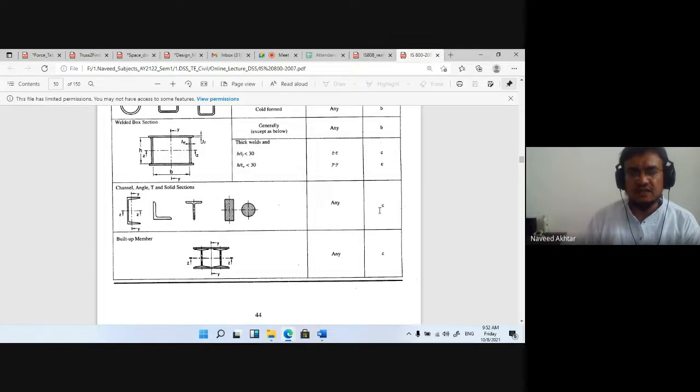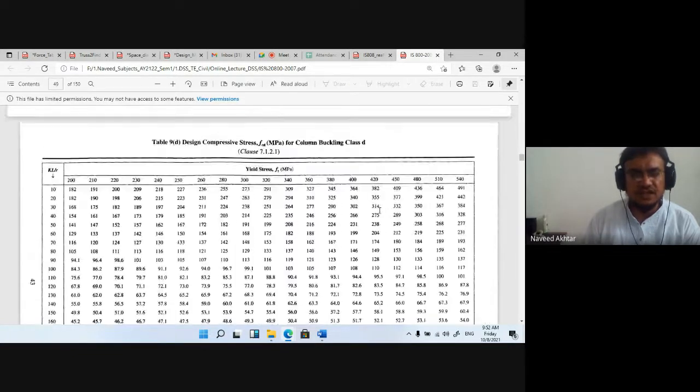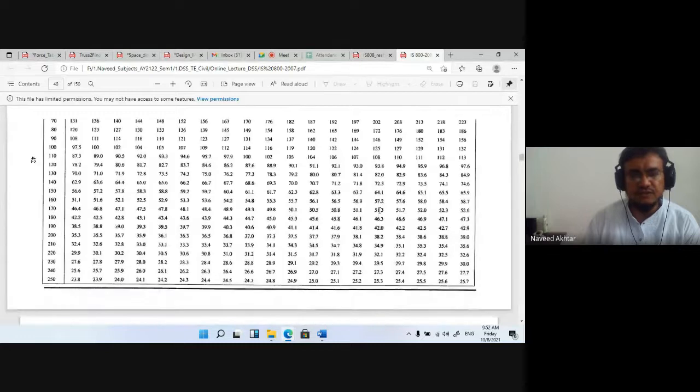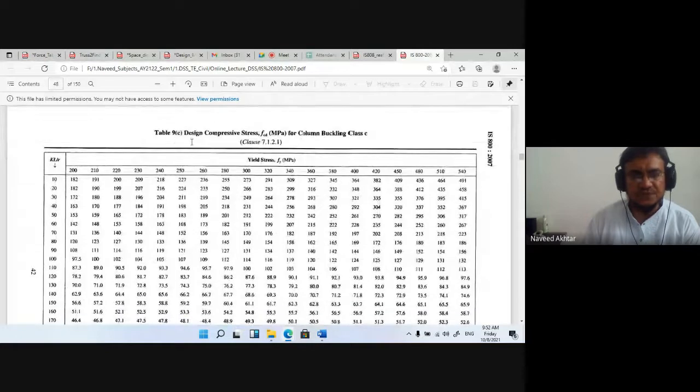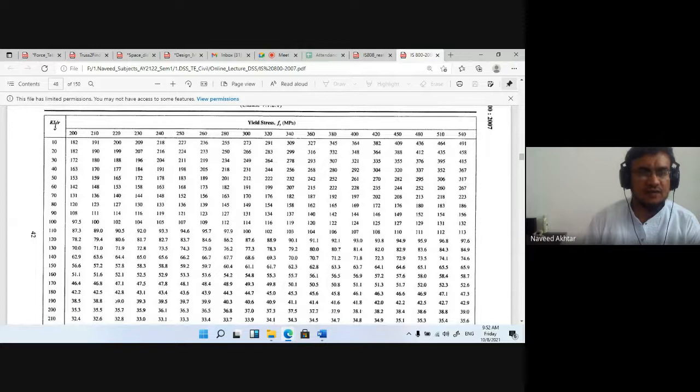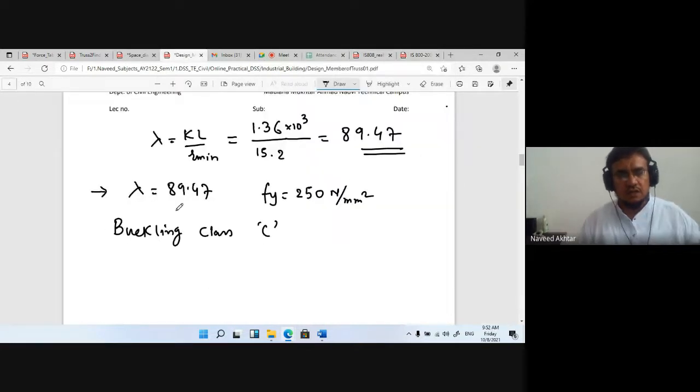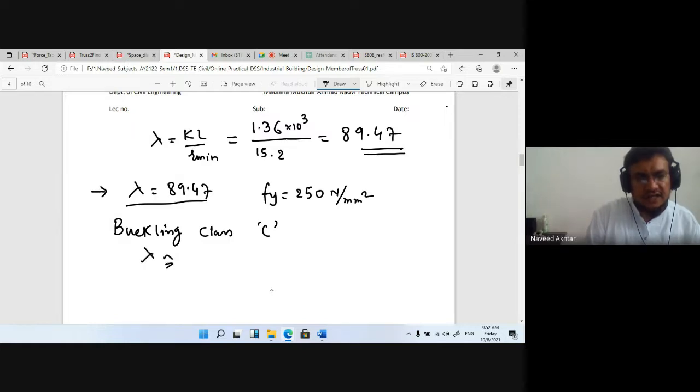To find the FCD, the design compressive stress for buckling class C, use Table 9C: design compressive stress FCD for column buckling class C. We know lambda, that is KL by r, and we know Fy, so you can calculate FCD. Our lambda is 89.47, so I will consider lambda nearly 90.